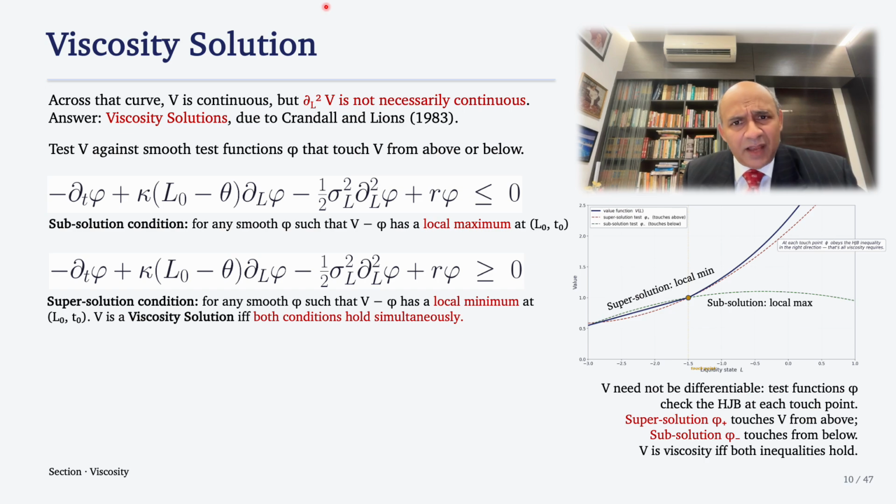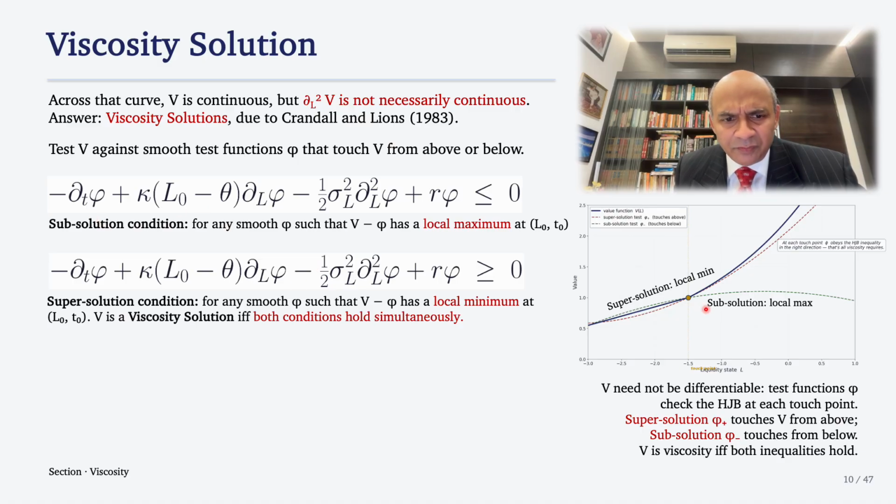So even when the value function is not fully differentiable, we can use the viscosity solution, which guarantees a well-defined and stable solution to this HJB equation. And the Barles-Souganidis 1991 theorem guarantees that any monotone, consistent, stable scheme converges to the unique viscosity solution.